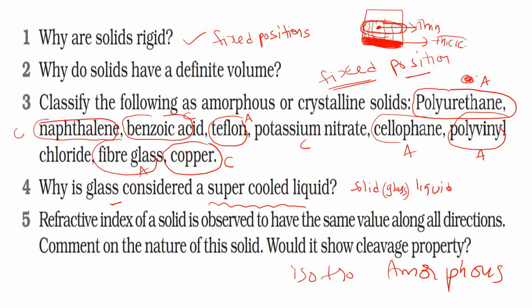Exhibiting the same physical properties in any direction is called isotropy. Generally it is exhibited by amorphous solids. So the refractive index of the solid is the same along all directions.